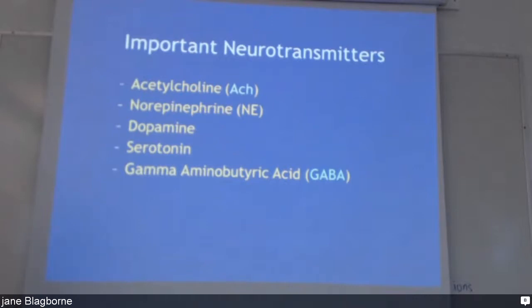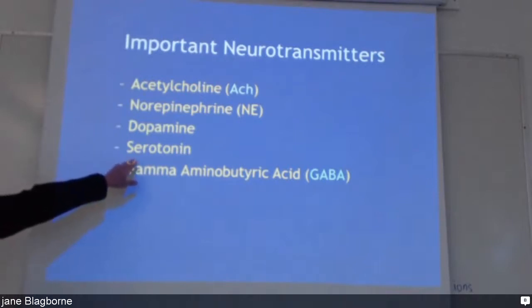Dopamine, you'll find in people who have Parkinson's, the lack of dopamine. Serotonin is your happy hormone. Serotonin helps you to feel happy, feel good about yourself.